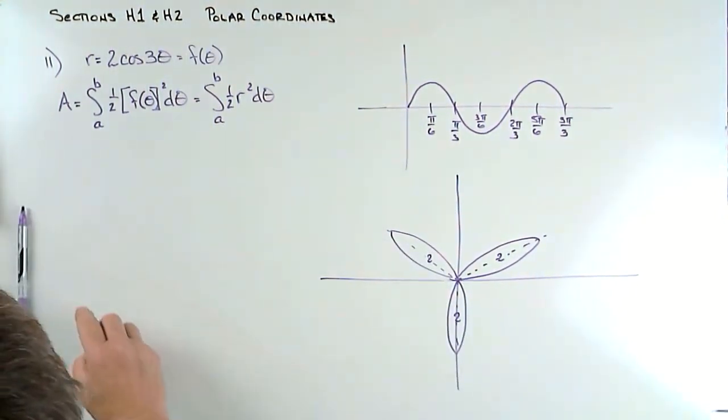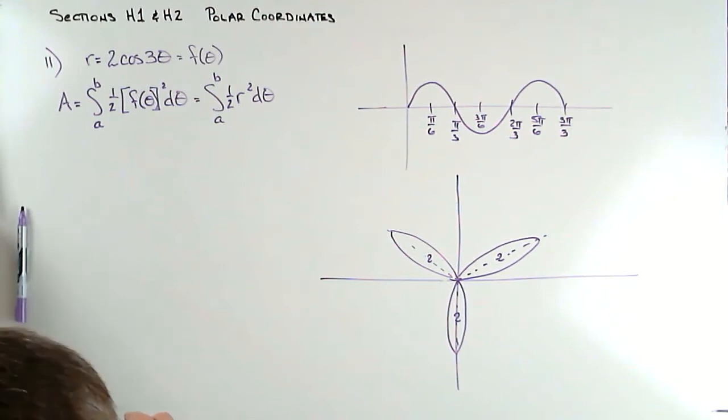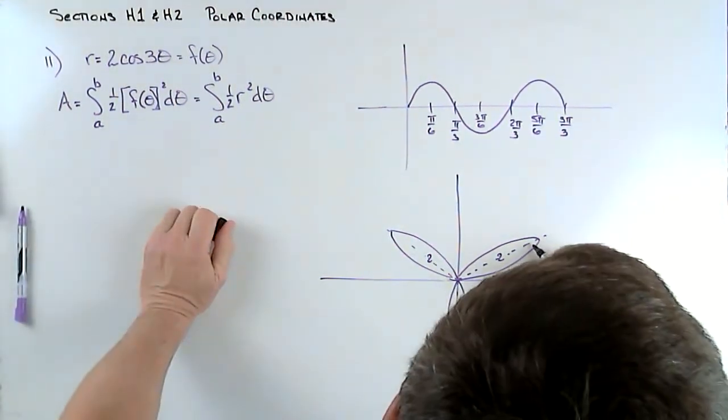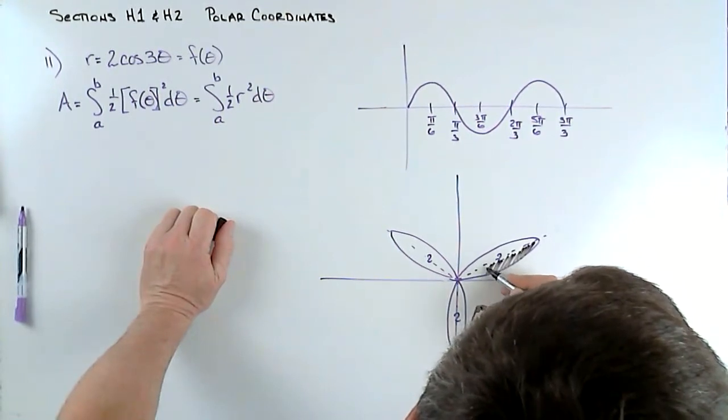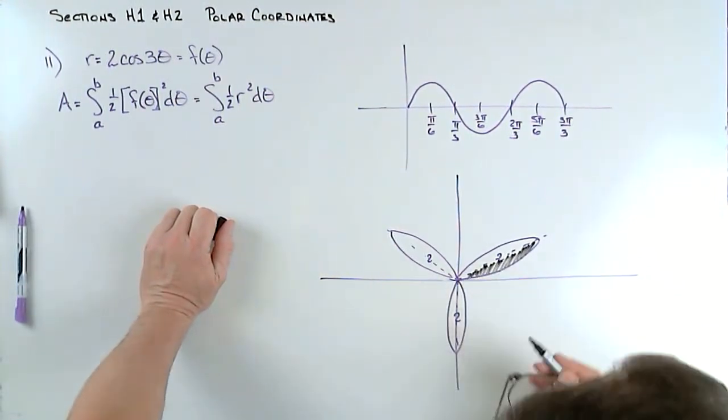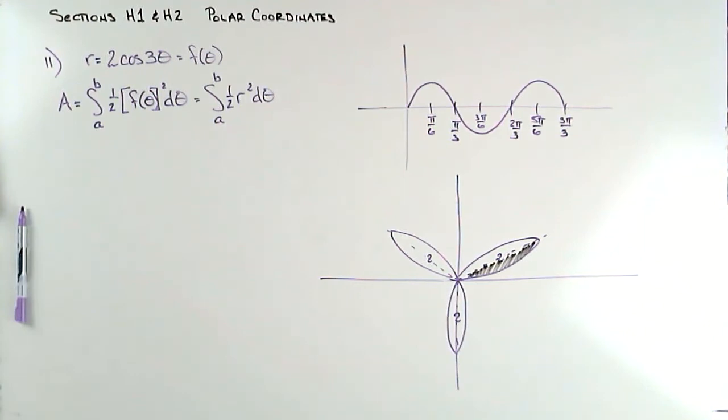We can see by looking at our picture that if all we're going to talk about is area, half of that petal is reproduced 6 times.